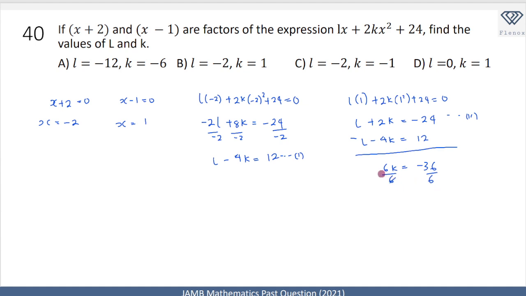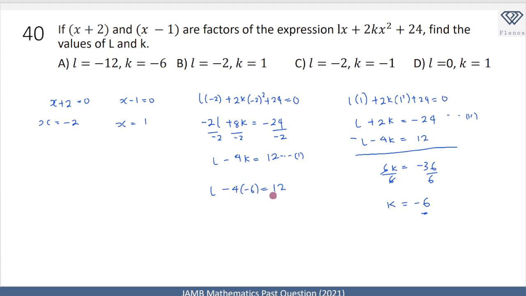I know that k is equal to minus 6. Now I can substitute the value of k as minus 6 in this expression here to find the value of L, or any expression to be honest. So L minus 4 into bracket minus 6 is equal to 12.